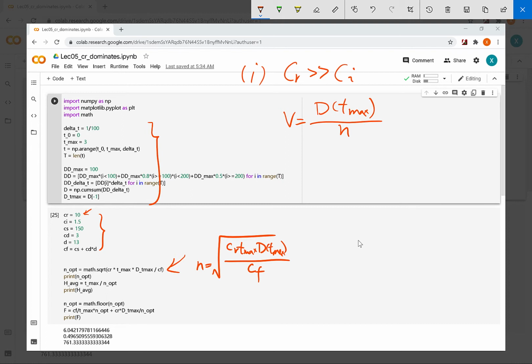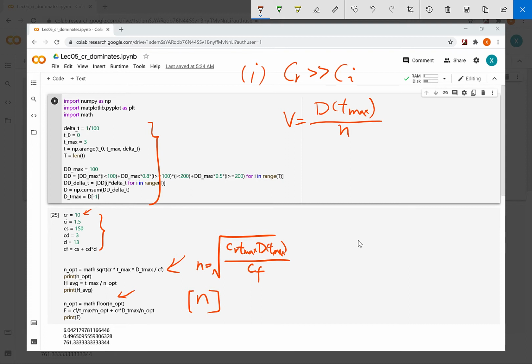Finally, to get the integer number of shipments, we need to apply a rounding function. For example, we can use the floor function, or we can use the ceiling function. Both values can be used, depending on which one generates the lowest cost. Here, for example, we just choose the floor function. We take the integer which is smaller than or equal to n.